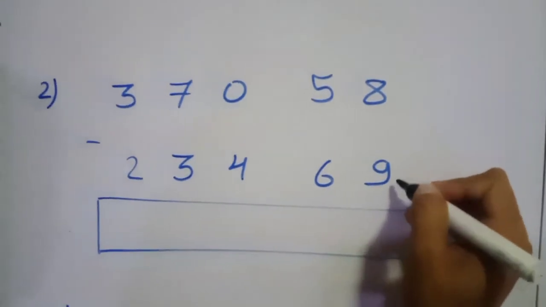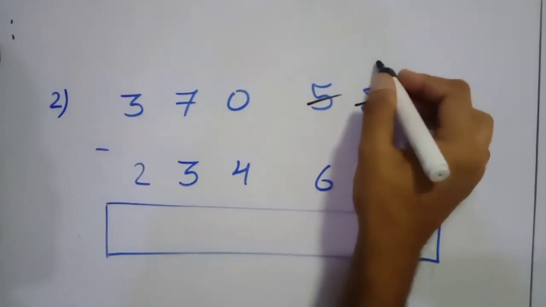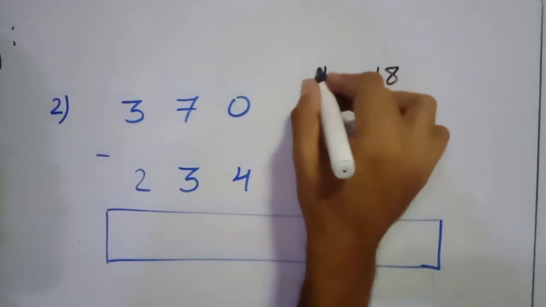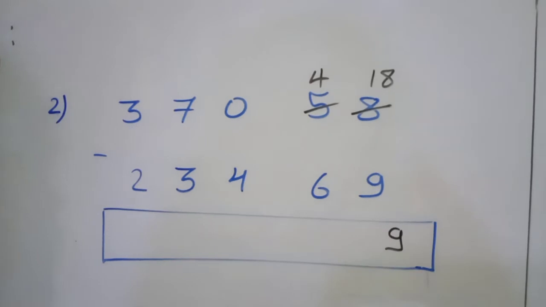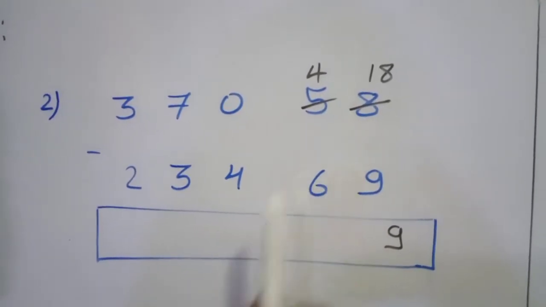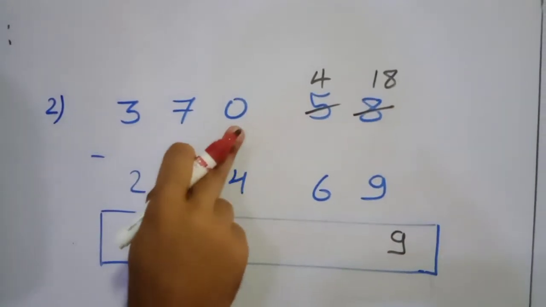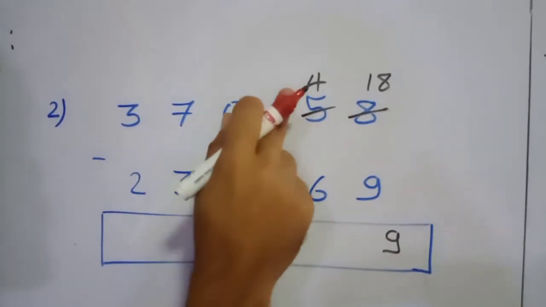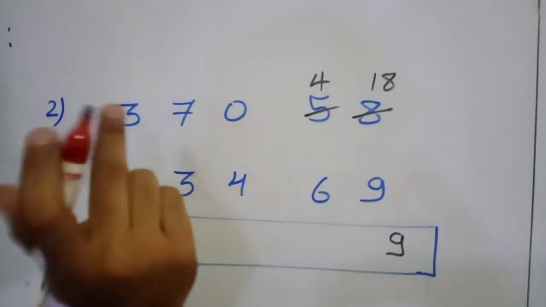Can we subtract 9 from 8? No. So 8 takes 1 from the 5, it will become 18, and 5 becomes 4. 18 minus 9, 9. Now the next one, 4 minus 6. No, it's not possible. It goes to the next number. Here 0. Can 0 give 1 to the 4? No. So it goes to the next number.